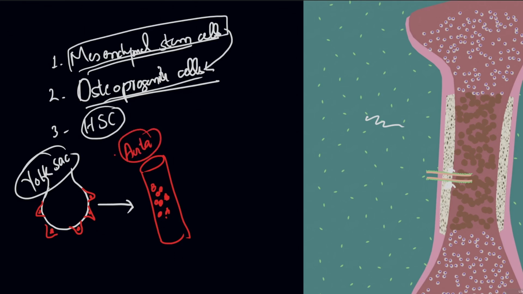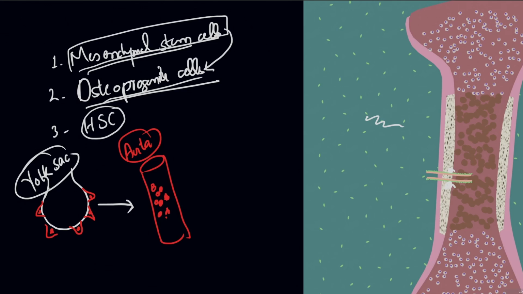But of course, they cannot continue to lie here because the aorta is a huge artery. It is the biggest artery of the body and it bears a lot of blood pressure. So these stem cells cannot continue to remain here. They need to find some calm place, right?